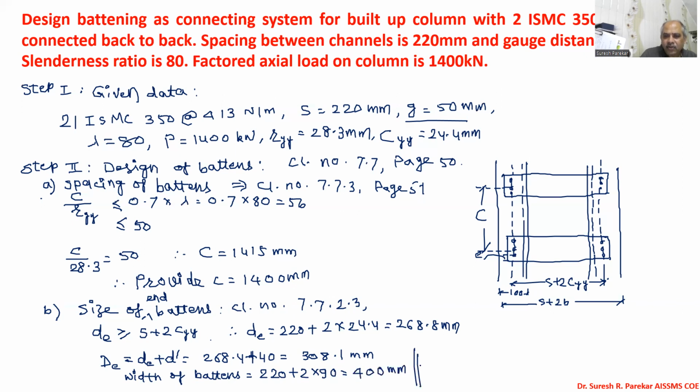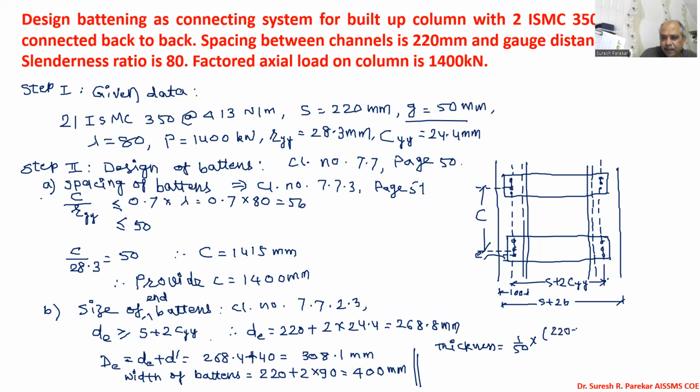Then we have the thickness of end batten. This is 1 by 50 into the distance between centroid of bolt group.